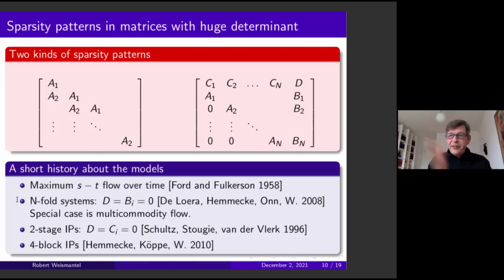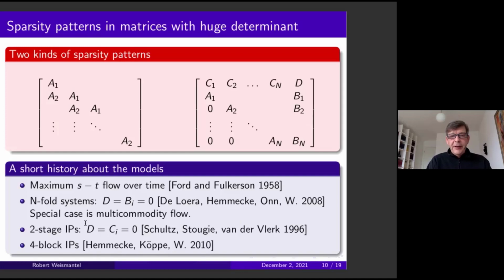At least when you fix all data except for n. So n-fold systems, in fact, are a generalization, if you like, of a multi-commodity flow model, and this has been studied by Hemmecke, Onn and Weismantel.